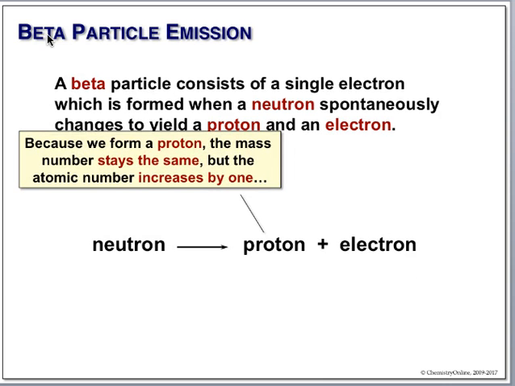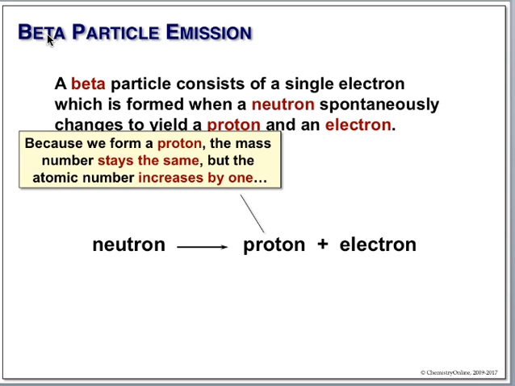A beta particle consists of a single electron. Now, we know our nucleus is made up of protons and neutrons, right? A proton has a positive charge. Well, it turns out that if you take a neutron and you rip it apart, you can make a proton and an electron. And that's exactly what happens here.